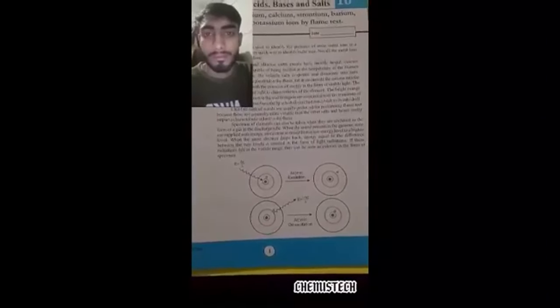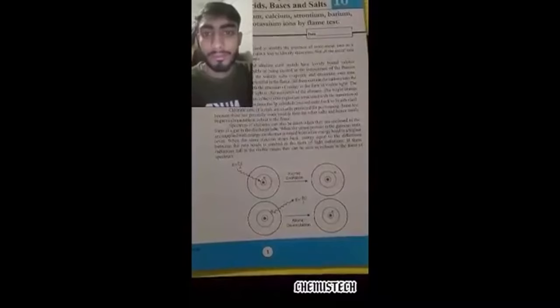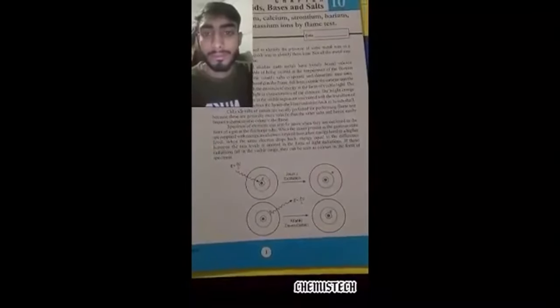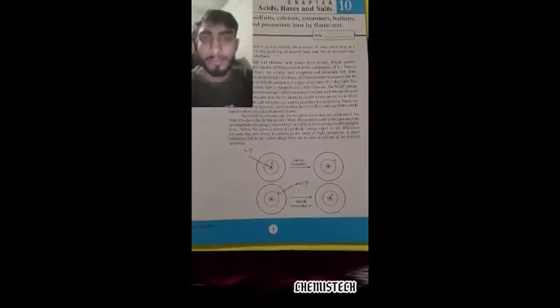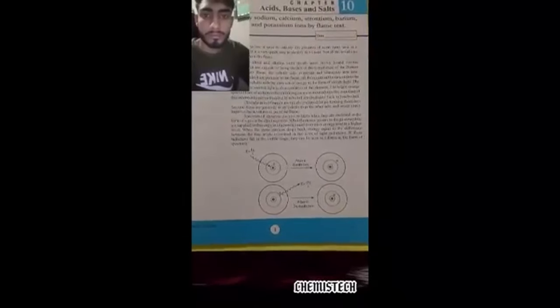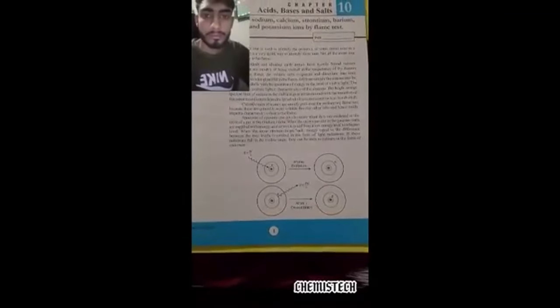Electrons, which are plentiful in the flame, fall from outer shells into the valence subshells with the emission of energy in the form of visible light. The color of the emitted light is characteristic of the element.